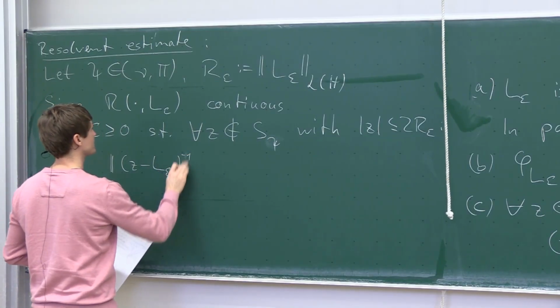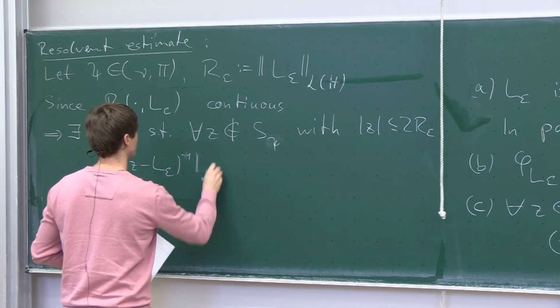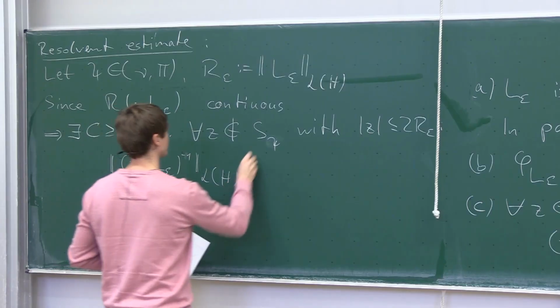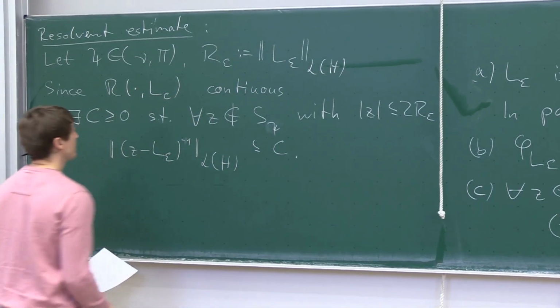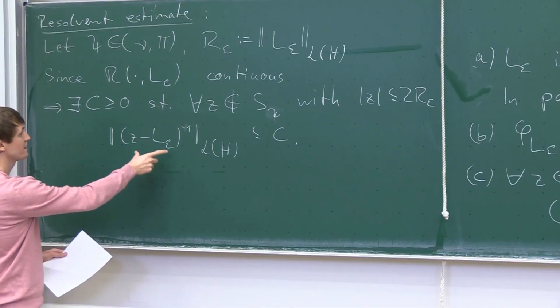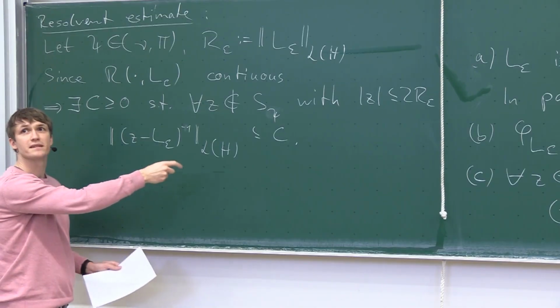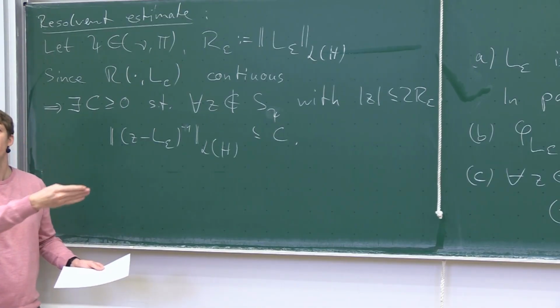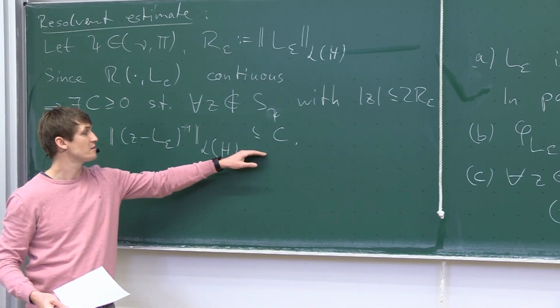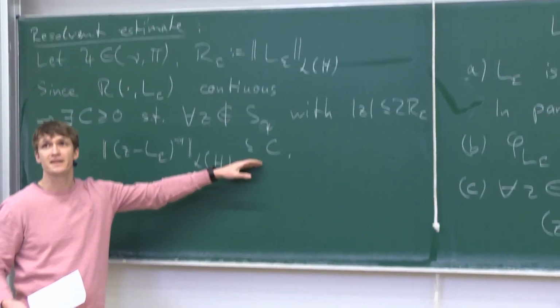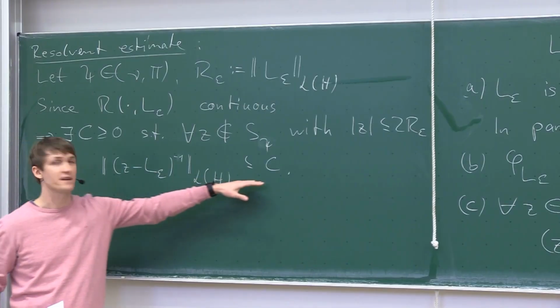It's a continuous function on a compact set, so it is bounded. And then, in particular, this means that this resolvent can be estimated by a constant over |z|, right? Because I can control this resolvent here by a constant over |z|.